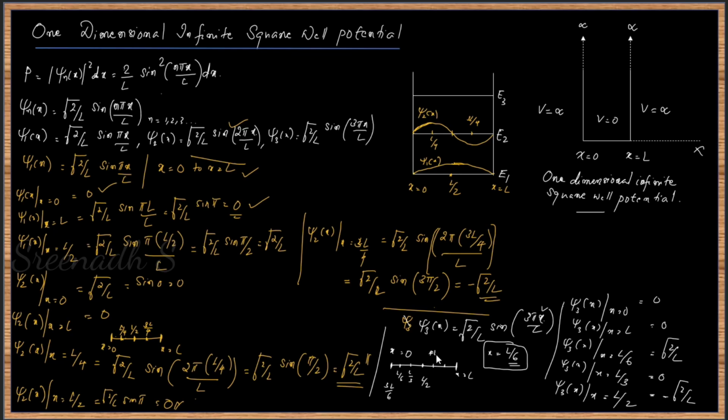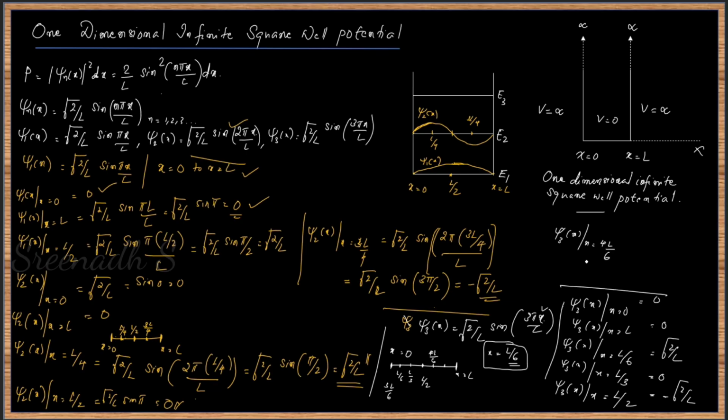So psi 3 of x at x equal to 4L by 6, and the next one is 5L by 6, because we are adding L by 6 segments.